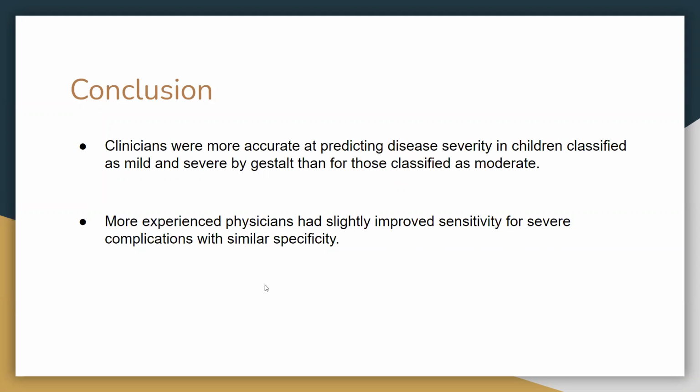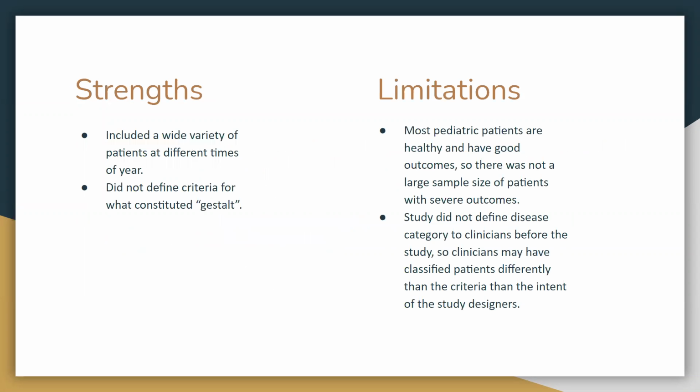And then the other conclusion is that based on the cutoff of 5 years, more experienced physicians have a slightly improved sensitivity for severe complications and a similar specificity compared to those who are less experienced. Strengths of the study, again, there's a decent sample size of 600 kids.